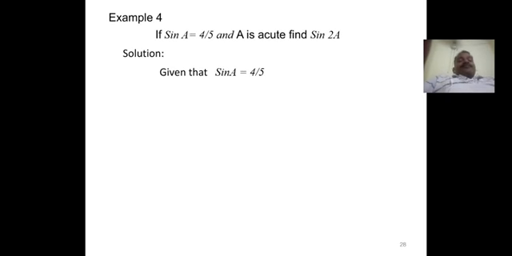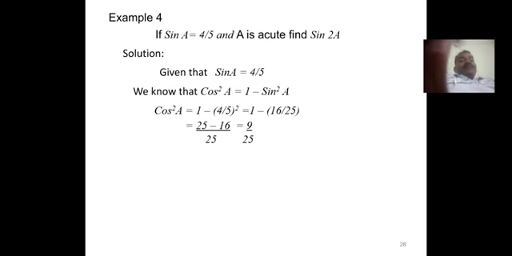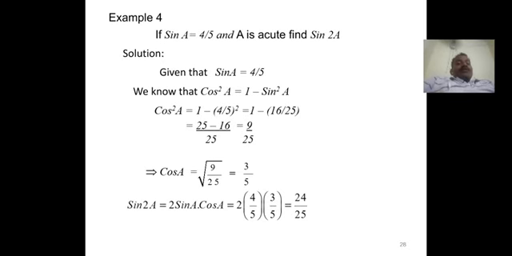For this, given that sin A is 4 by 5, with the help of this, cos square A is 1 minus sin square A, and cos A is square root of 1 minus sin square A. With the help of that one, cos square A is 1 minus 4 by 5 whole square, 1 minus 16 by 25, that is 9 by 25. Cos A is 3 by 5. After getting the cos A, sin A, sin 2A is 2 sin A cos A, 2 into 4 by 5 into 3 by 5, that is 24 by 25 is the value of sin 2A.